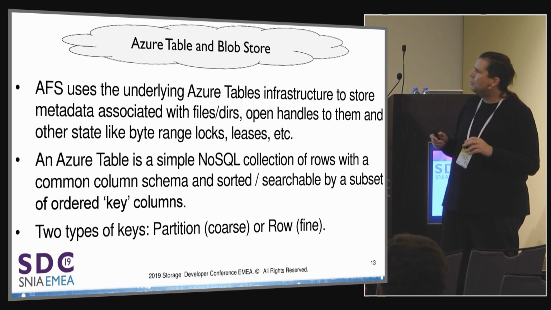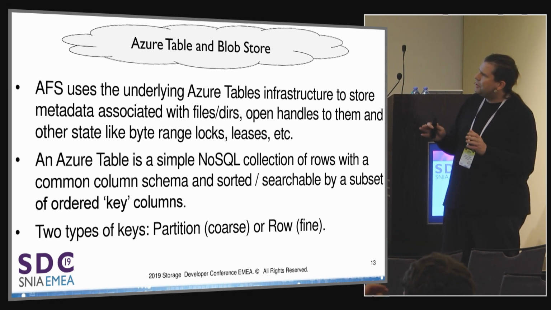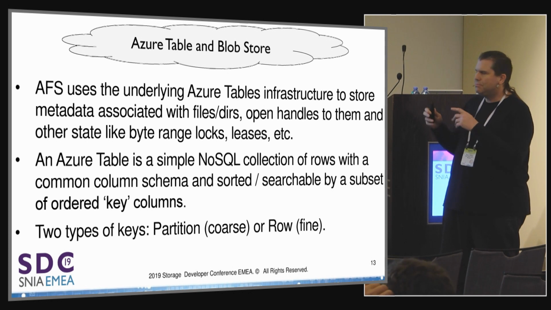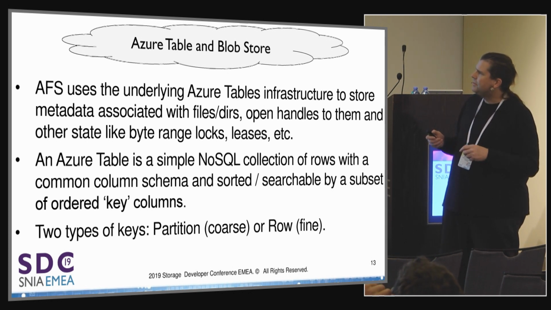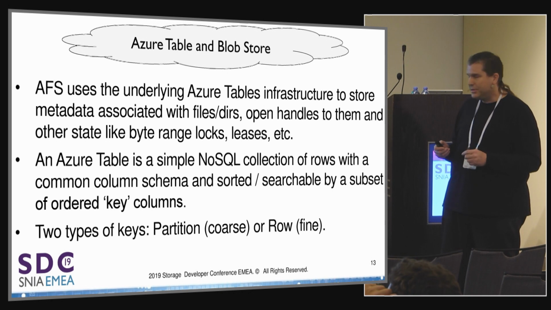So we can have multiple tables, and as long as they have the same partition key, which, getting a little ahead, for our currently deployed one is the account name and the share name, then we can do atomic transactions over that very easily. That was very convenient because shares are the natural unit of breaking up.